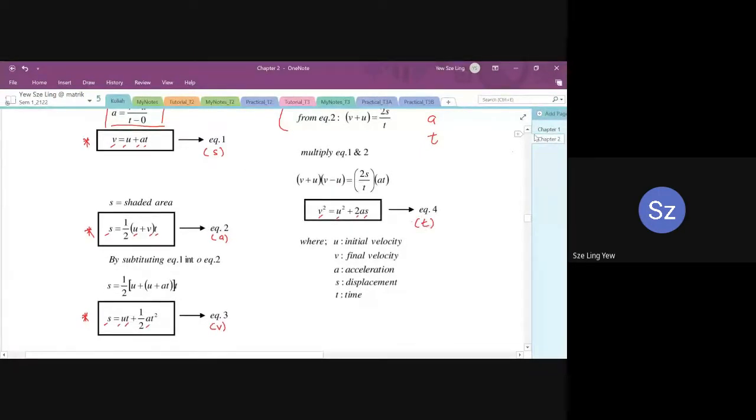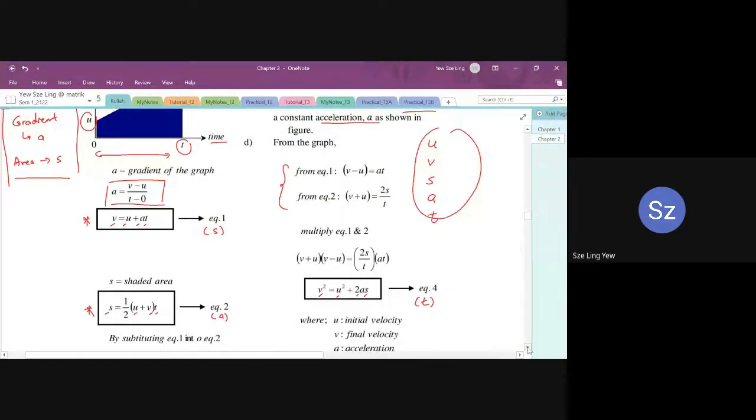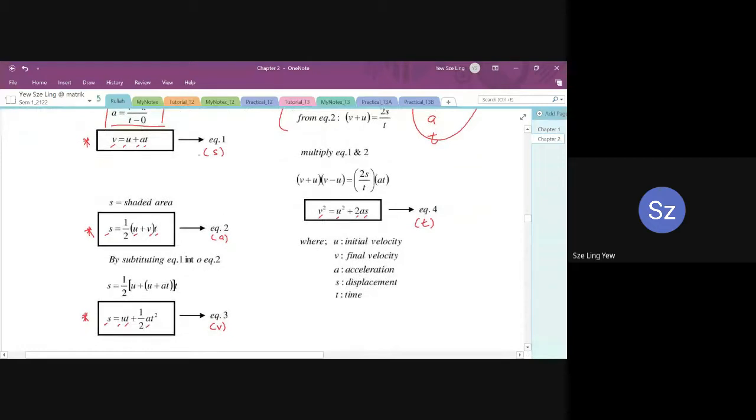Out of the 5 variables that I asked you to take note of just now, every equation contains 4 of them. That is how you choose which equation to use in the question. You try to list out the information and see which 4 variables you have. Most of the time, the question will give you 3 pieces of information, and you need to find the 4th. So you compare the equations with the information given and the information you want to find, and see which equation to use out of these 4. That is a technique in solving questions in chapter 2.